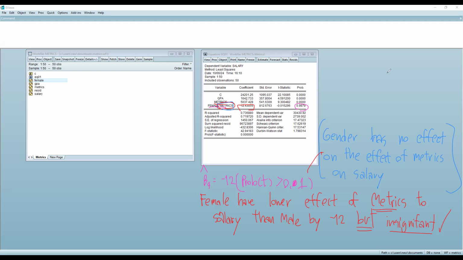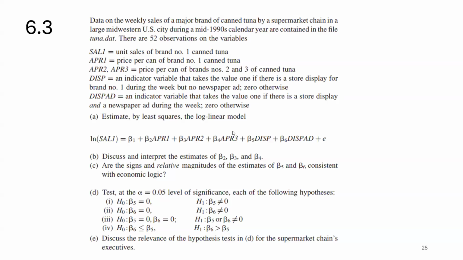Okay, let's move to the final exercise, because we don't have homework yet. Just do it together in the class. We will do some of them here. So this is log linear. This is the data of weekly sales of canned tuna by a supermarket chain in the US.